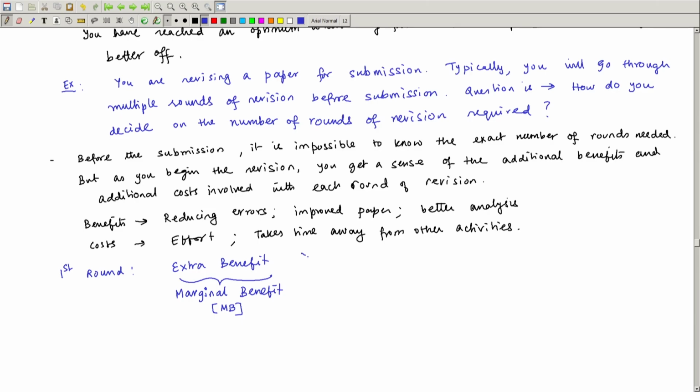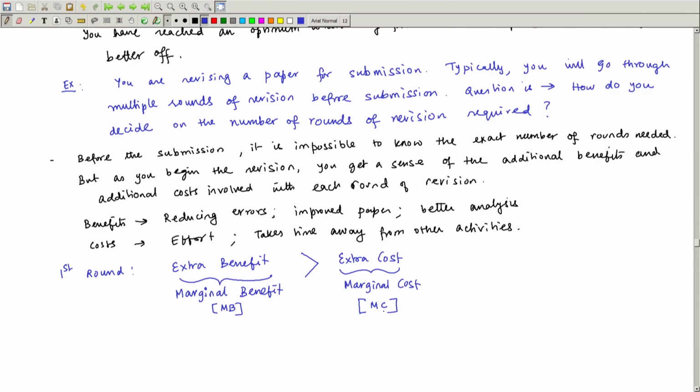So, the extra benefit is much greater than the extra cost. The extra cost was hardly anything. So, it just took a few minutes because the Word file itself highlighted what are all the spelling mistakes that you had in that document, and you were able to correct it within a few minutes. So, the extra cost is called the marginal cost and is denoted by MC.